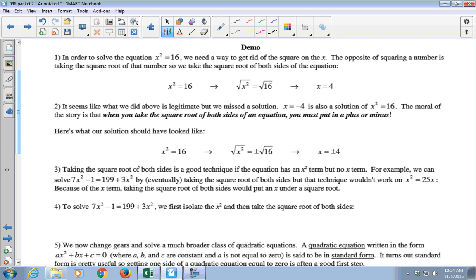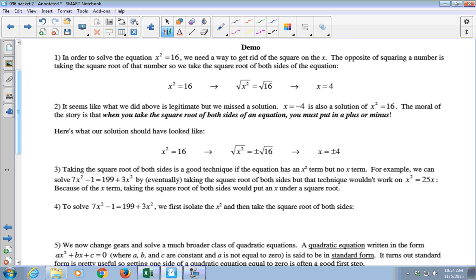And it seems like that's totally legitimate, but we missed a solution because -4 is also a solution to x squared equals 16. Because when you put a -4 in for x, when you square -4, -4 times -4 is also 16. So the moral of the story is that when you take the square root of both sides of an equation, you have to add in a plus or minus.